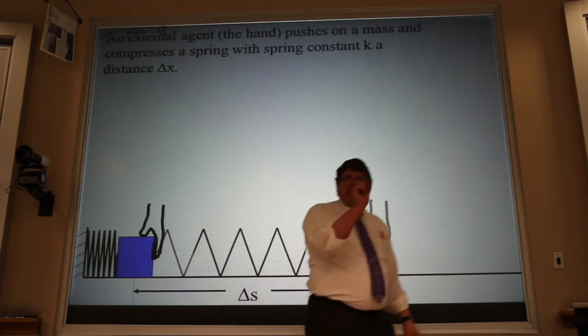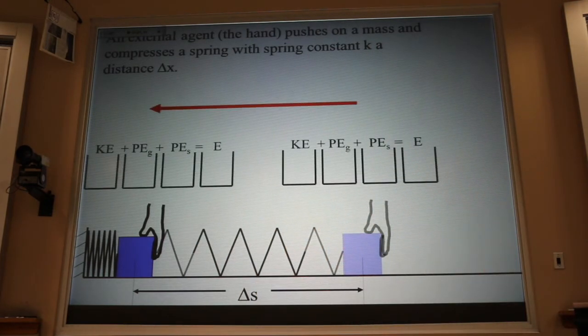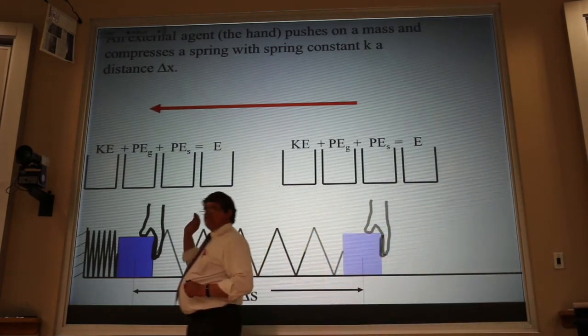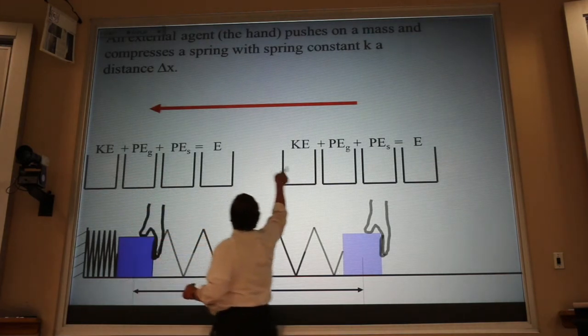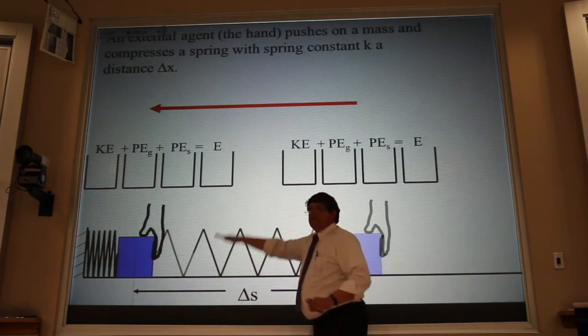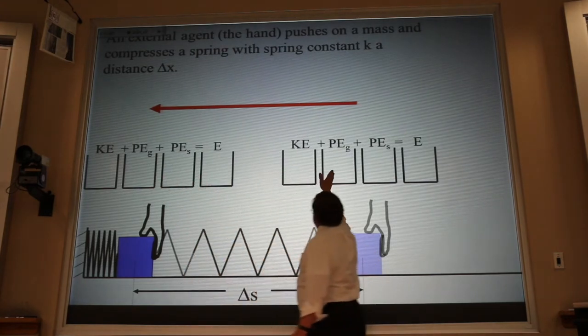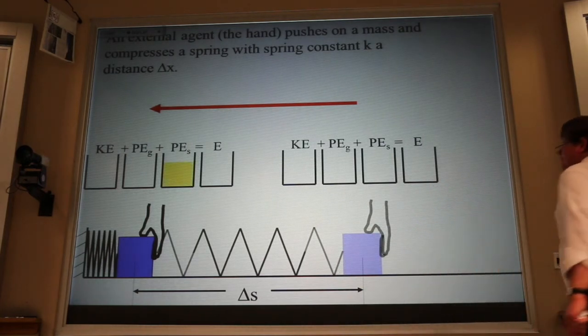I start from rest and I end at rest. Now, again, the goal is to only fill one bucket. Since I start from rest and I end from rest, there's no kinetic energy. Since I stay on the floor, there's no gravitational energy. The only bucket that gets filled is the spring bucket.